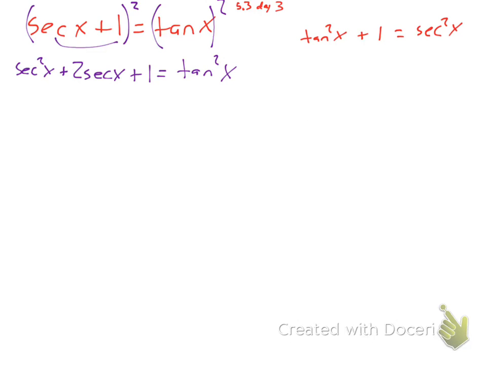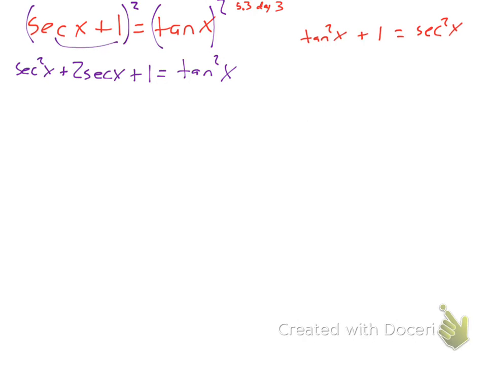Now, notice that I got a lot of secants here, but I also have a tangent. So there would be potentially a way to change them all into one function. What would be the easiest one to get rid of? What's all by itself on the right-hand side?